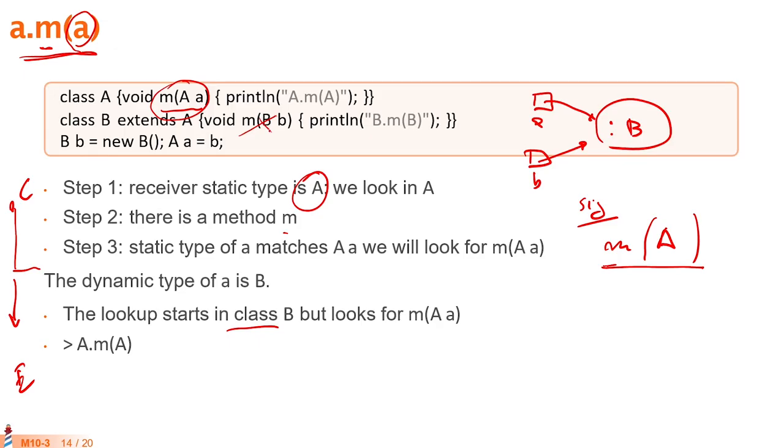So we don't want this one. We continue looking in the superclass, we find the correct method and execute it, and in the console we have the correct value.